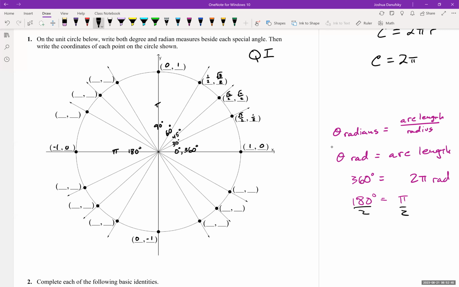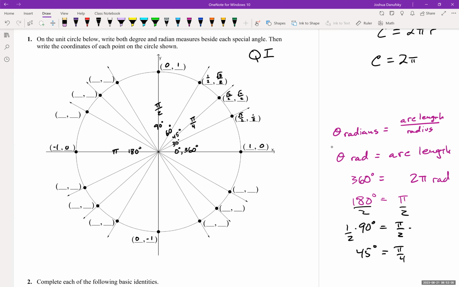So here I've got pi over 2 radians. And if I multiply both of these by a half, I get 45 degrees is equal to pi over 4. So that means this is pi over 4 radians.